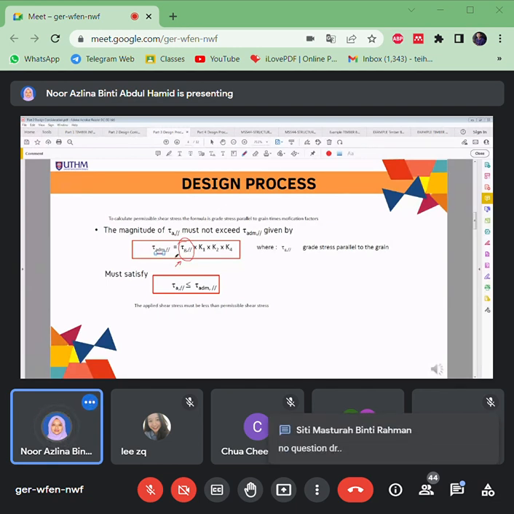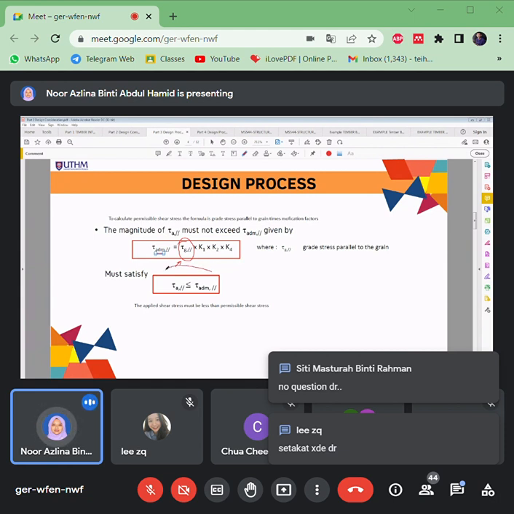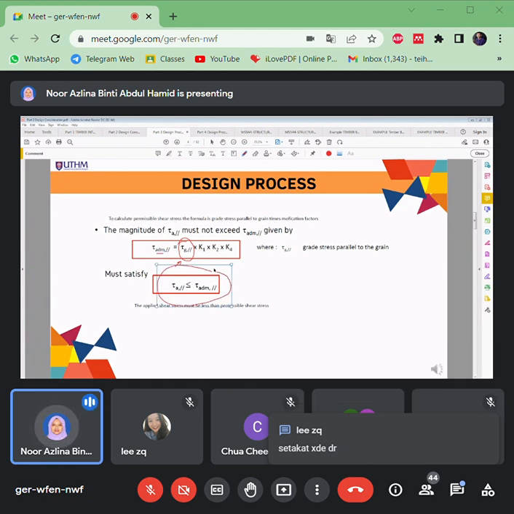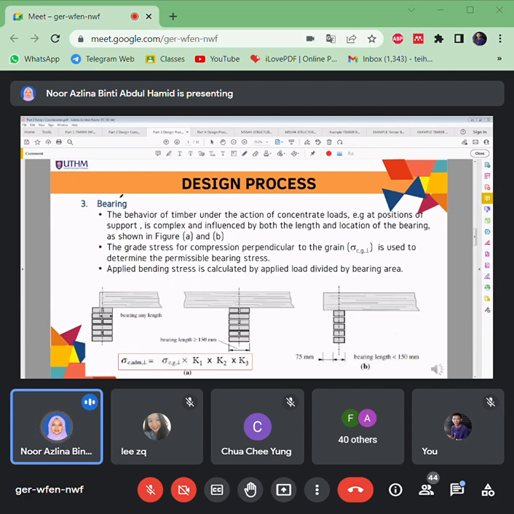No questions. Okay, alright, so again you have to satisfy that the applied should be less than or equal to the permissible. It is the same for bearing here. This is for the bearing, the equations for permissible. For the bearing, you have to consider the stress for the compression value perpendicular to the grain.